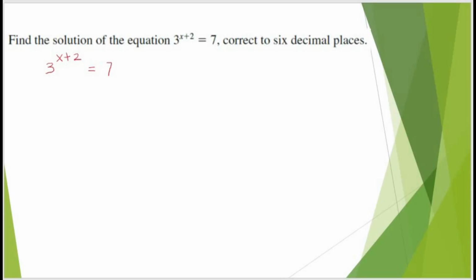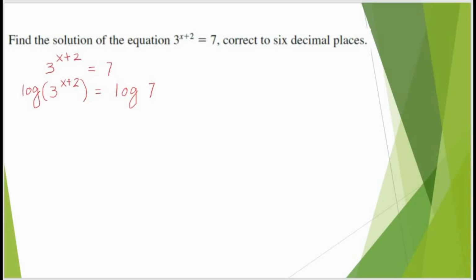So we take the log on each side. We have the log of 3 to the power of x plus 2 is equal to log 7.